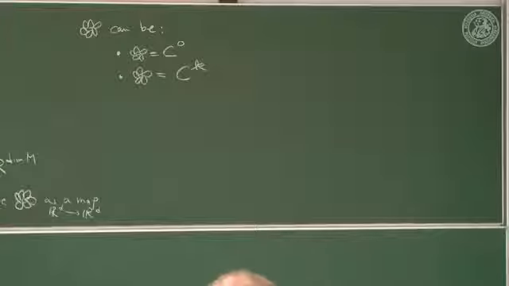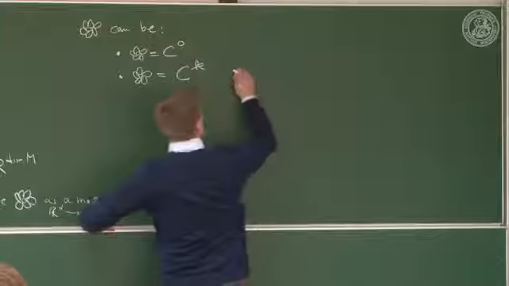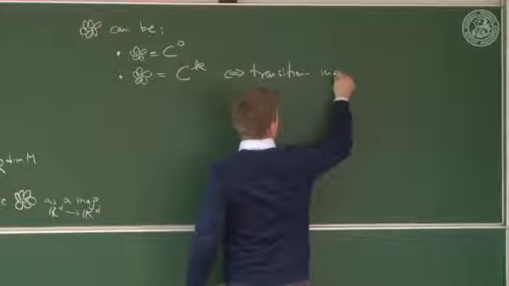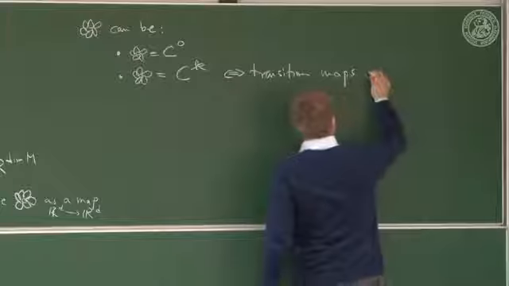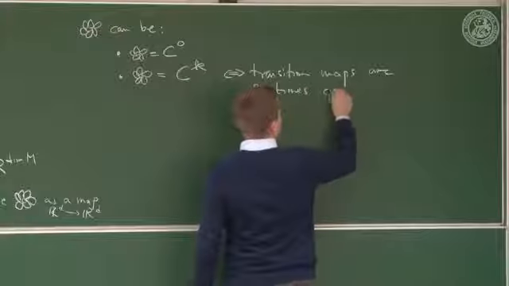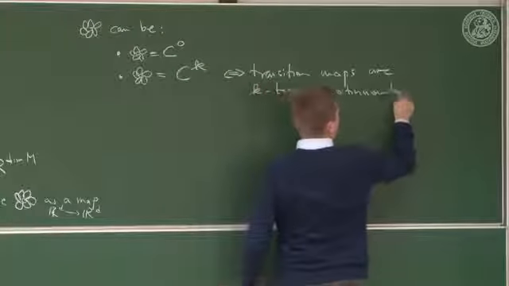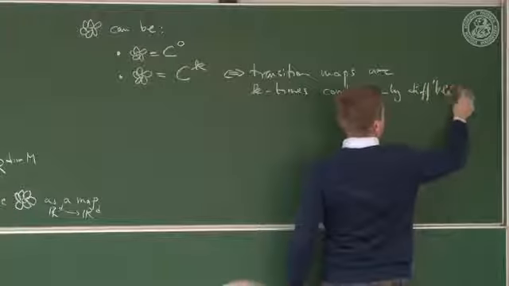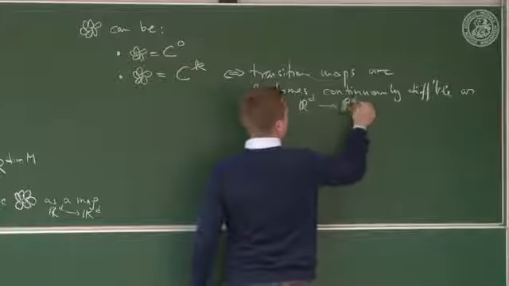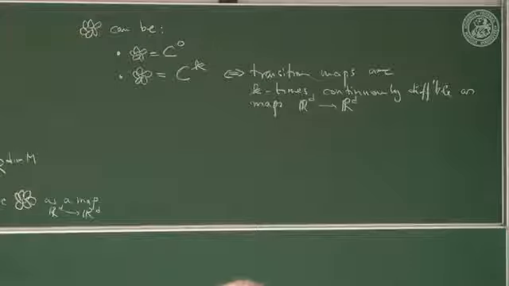Well, for manifolds, we're about to define what Ck means, but we push this down to a condition on the transition map, and to be Ck as a map from Rd to Rd means the transition maps, all transition maps, are k times continuously differentiable as maps from Rd to Rd. That's the condition. That's Ck.